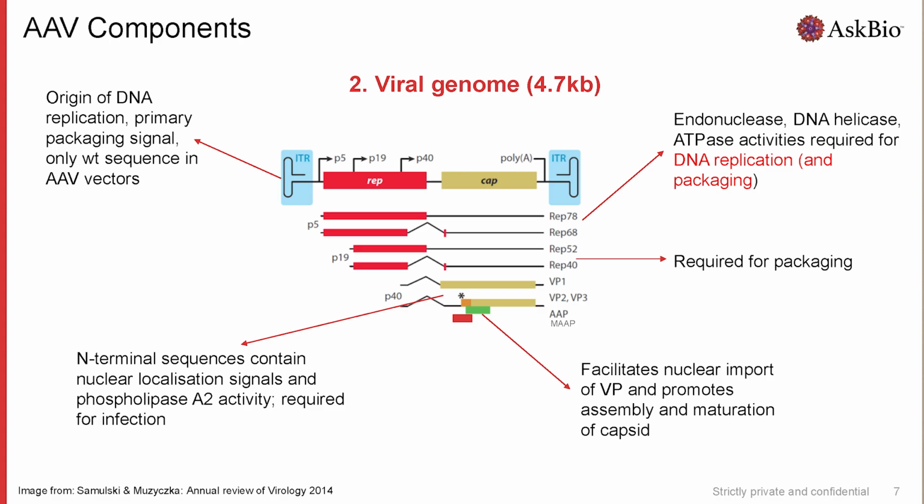So these are DNA hairpins, and they are the origin of replication and the primary packaging signal. The rep proteins are unsurprisingly important for DNA replication and packaging, and then obviously the cap protein produces the 3 components of the capsid, the 2 minor coat proteins, VP1 and VP2, and the major coat protein, VP3.